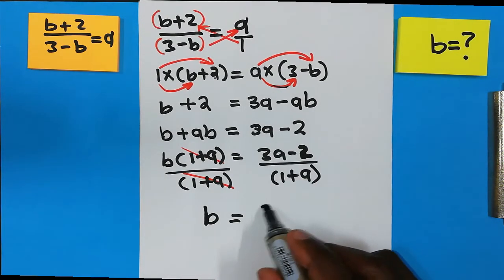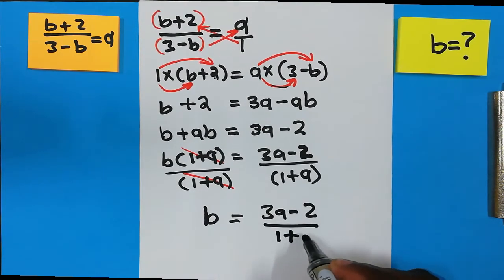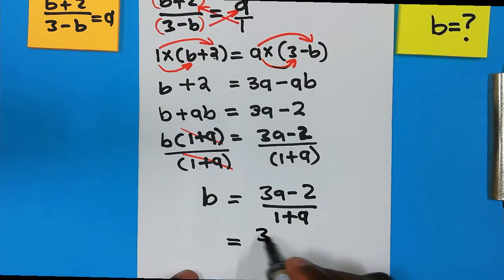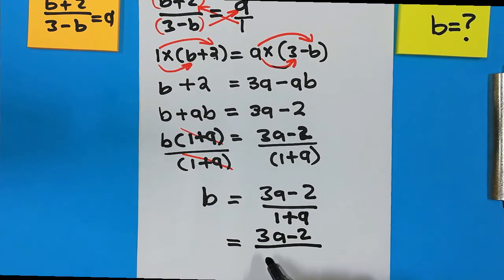And at this side, I will have 3a minus 2 over 1 plus a. Or you can say 3a minus 2, starting with an alphabet, then a number, so a plus 1. So that is your b.